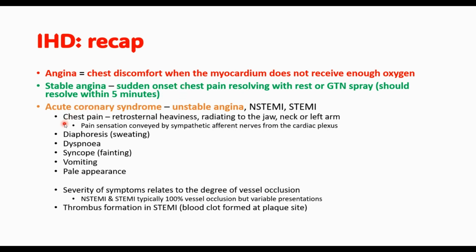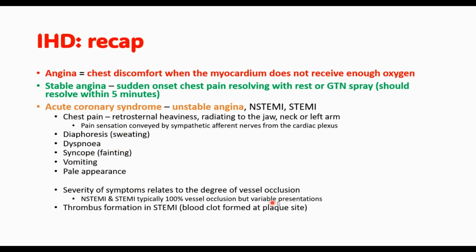Right, and then these are some of the symptoms which acute coronary syndrome can present with. You're probably familiar with these. Chest pain can present as a heaviness behind the sternum, which can move to the jaw, neck, or left arm typically. And then we have other symptoms such as sweating, shortness of breath, lightheadedness, even vomiting, and the patient can look quite pale.